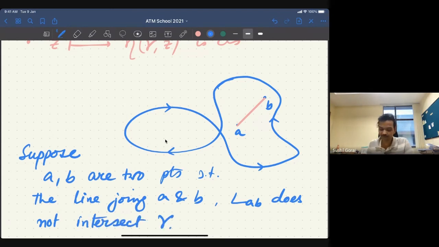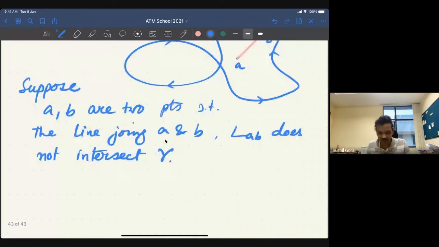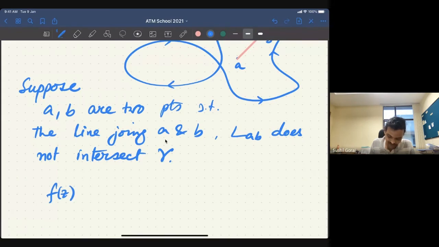All right. Now consider the function f(z) to be (z minus A) by (z minus B). This is a very nice function.